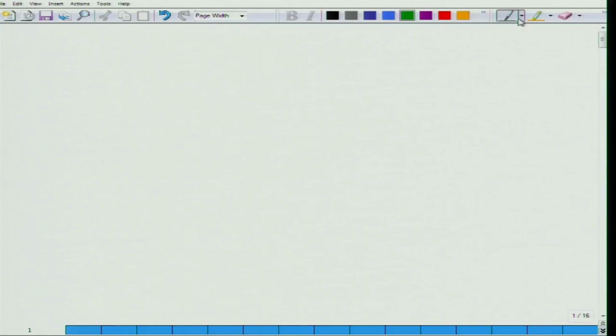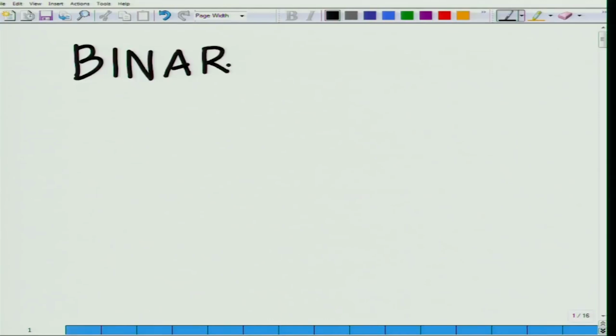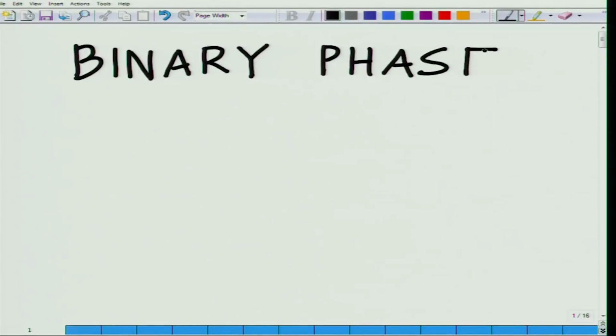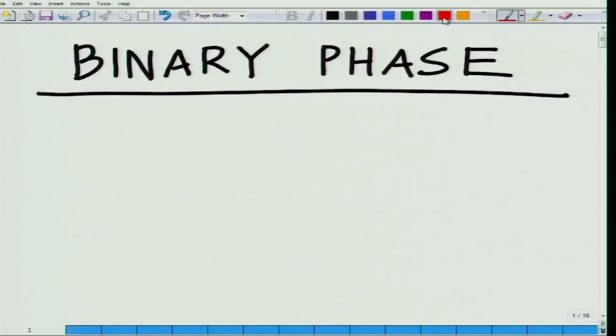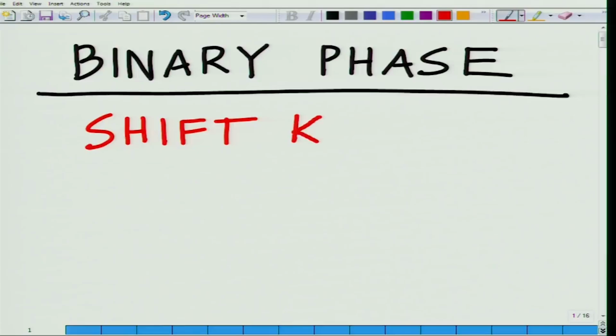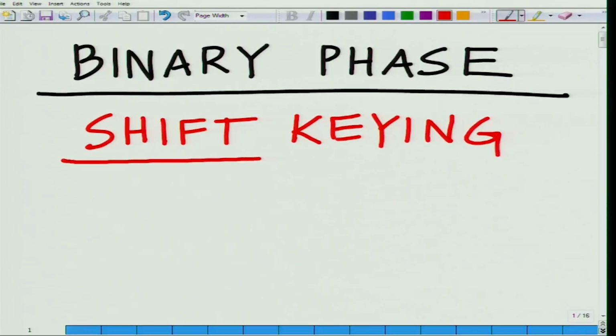Okay. So, what I want to start looking at is a different modulation scheme which is termed as binary phase shift keying, also abbreviated as BPSK.